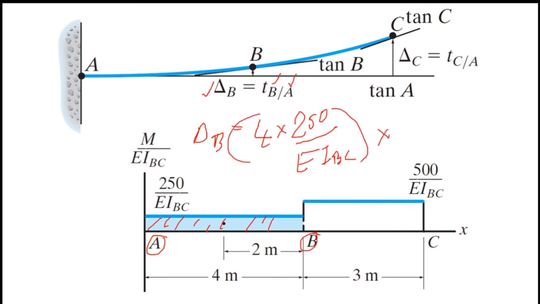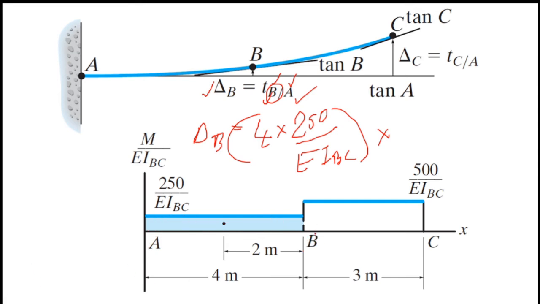Next I have to take moment about one point. You can see there are two letters now, B and A. B is the left side letter, A is the right side letter. We have to take moment about this left side letter, which is B. That means I have to take moment about this point B of this area. So next I am going to take moments.